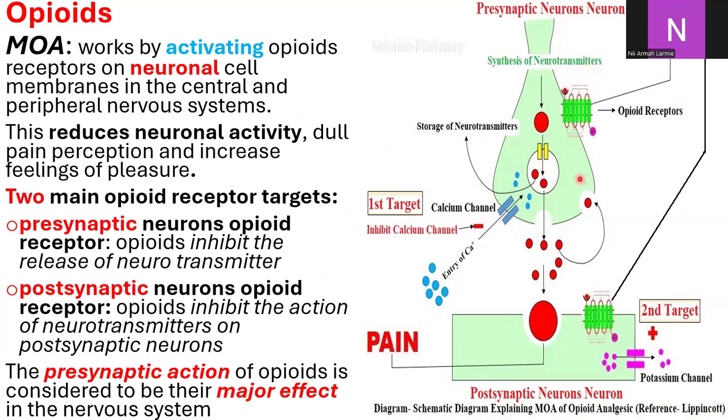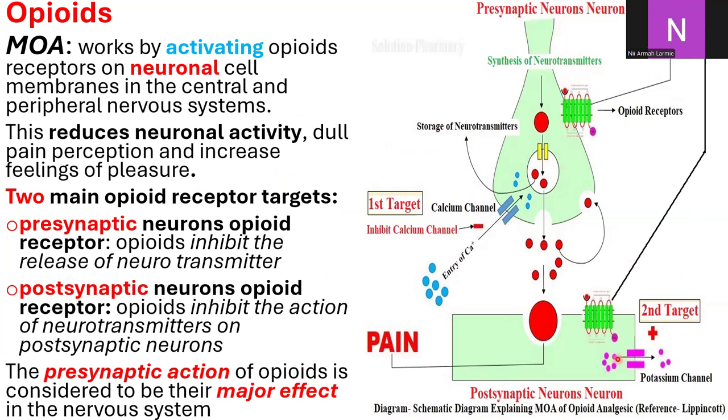Now, the activation of the presynaptic opioid receptor leads to the inhibition of the release of these pain neurotransmitters. And once the neurotransmitters of pain are not being released, then the pain information is not being transmitted.